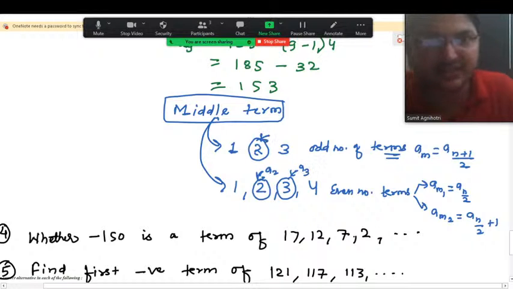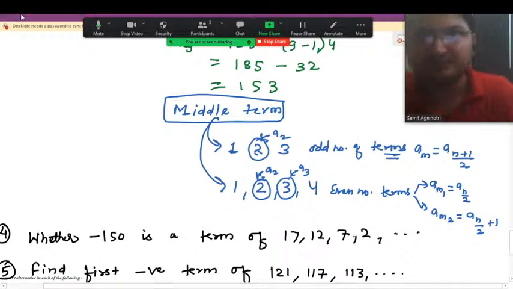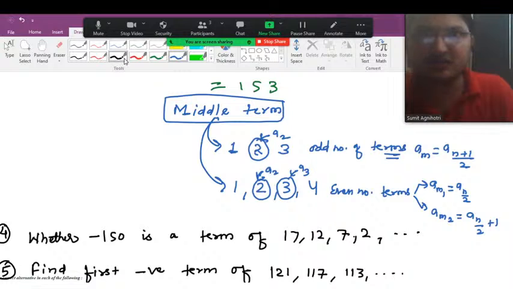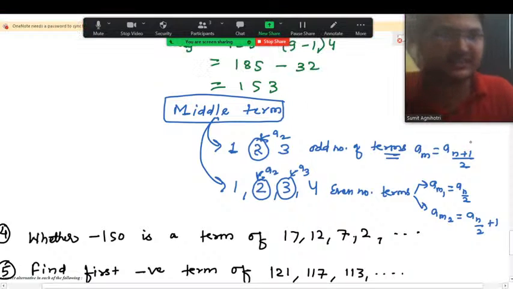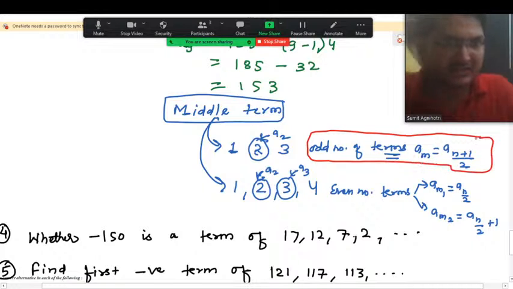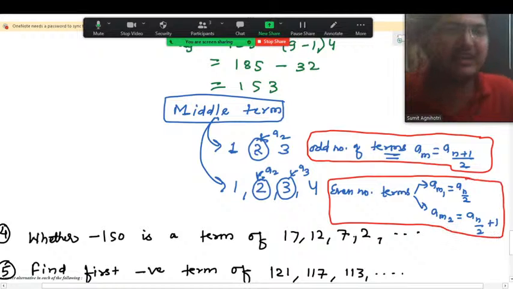Here we have only the second term as the middle term. And how can we figure it out? We can just approach with these two formulas. What are these two formulas? The first one is used for an odd number of terms and the second one is used when there are an even number of terms.